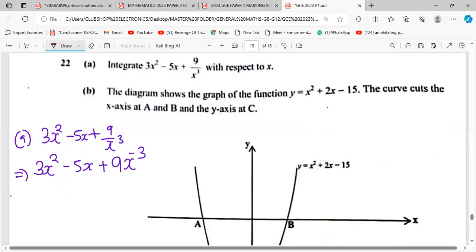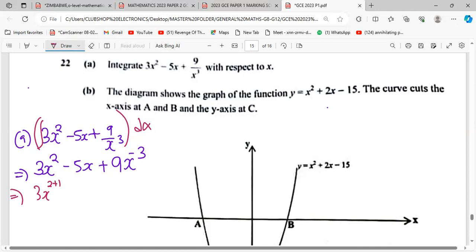Now we integrate term by term. In other words, we want to find the integral of this with respect to x. So this will be 3x to the power 2 plus 1.